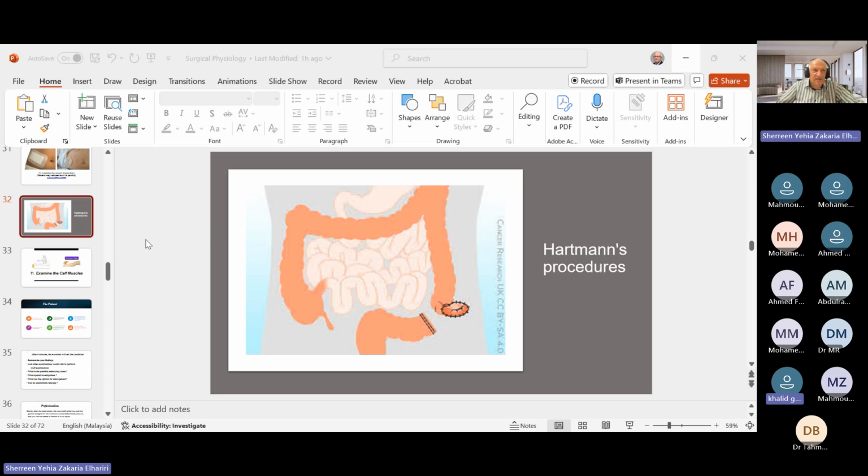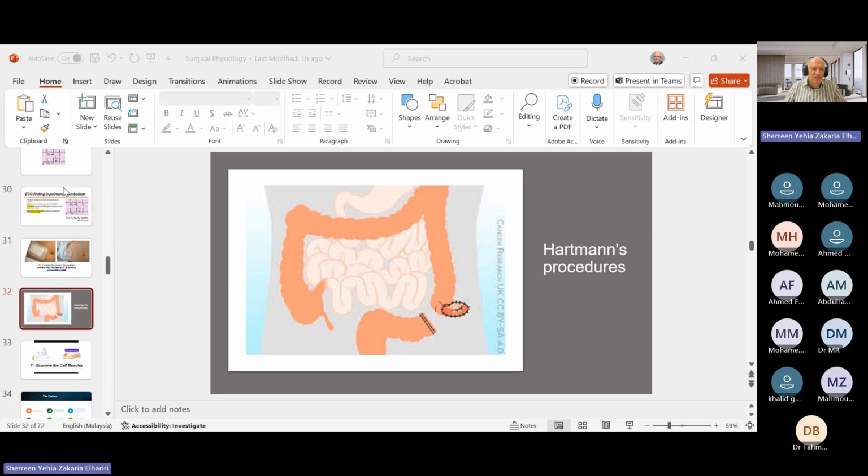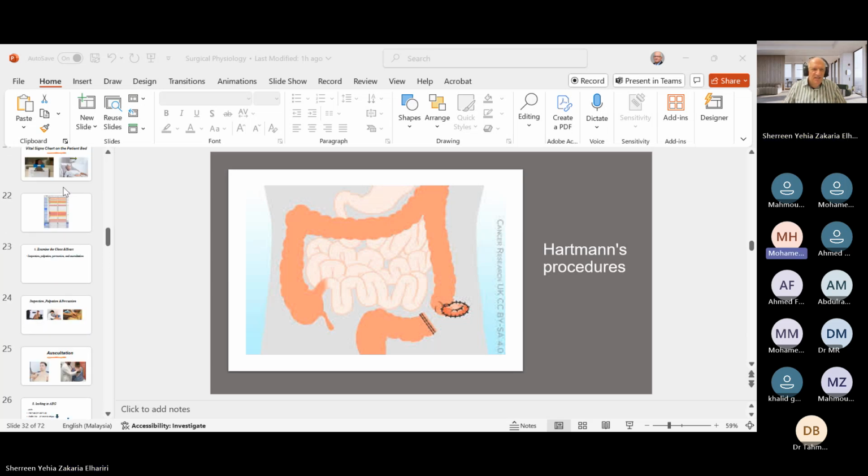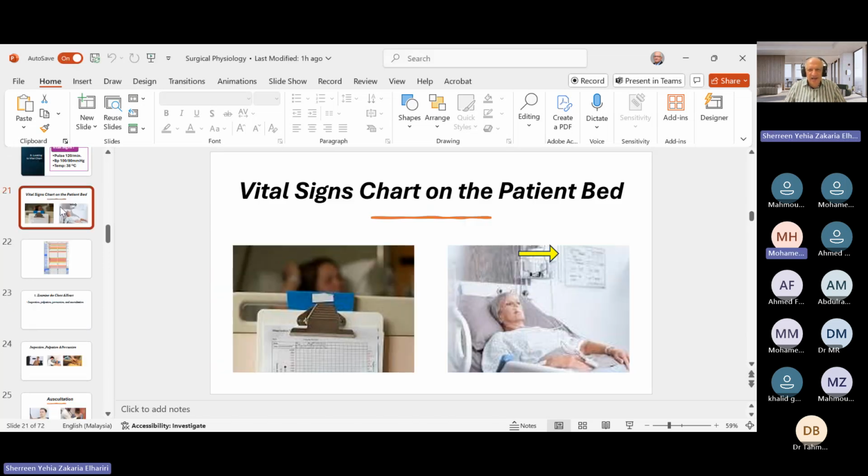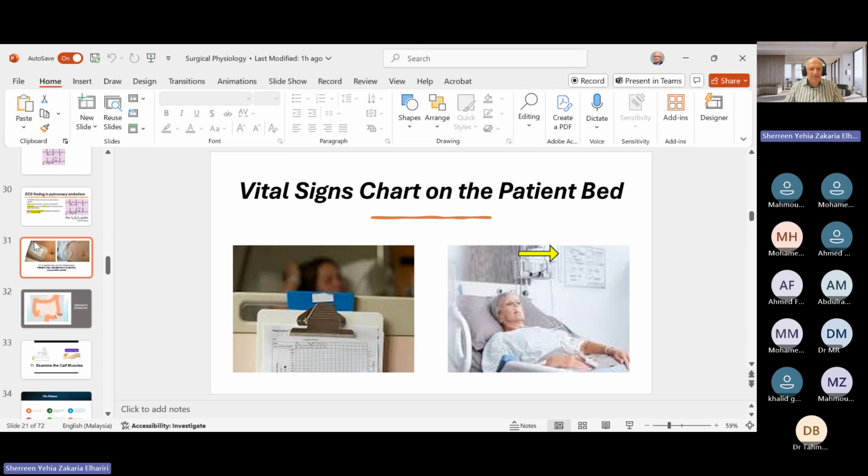So you do your exam in a hospital setting. You know, above the bed they have something we call the oxygen supply. Usually above the patient's bed you have oxygen and suction.